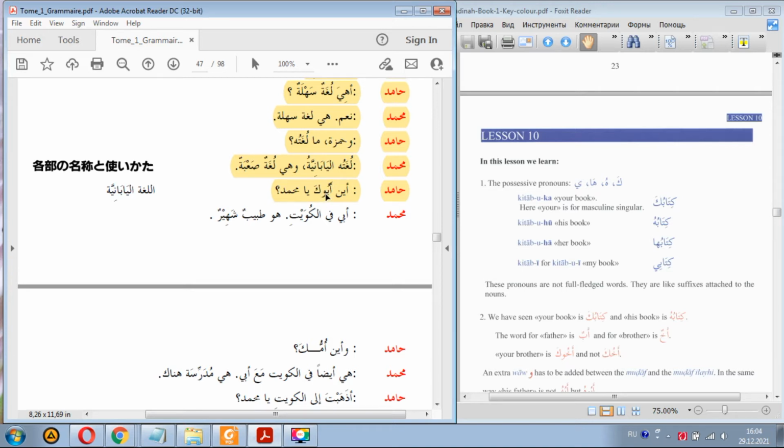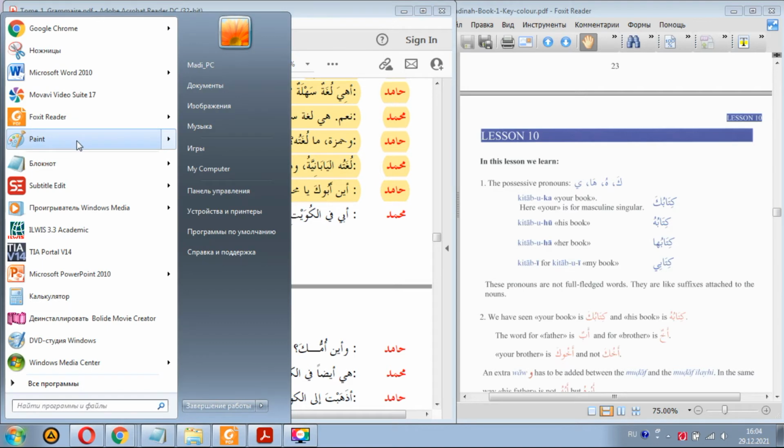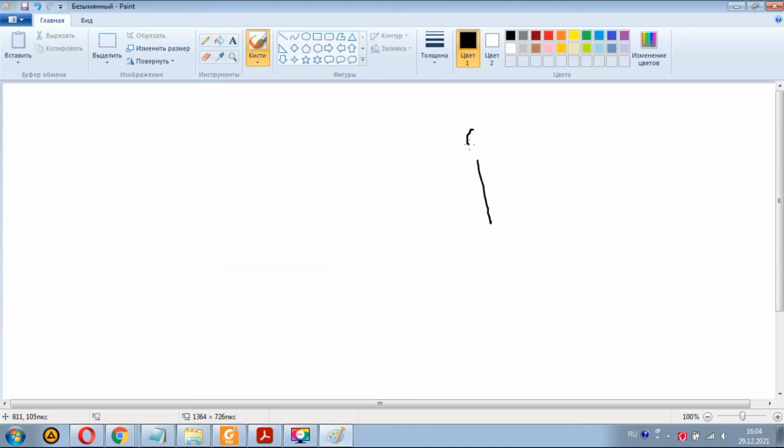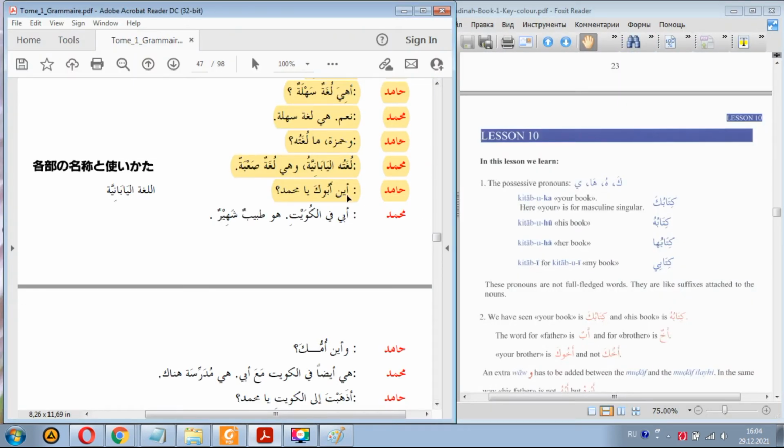Well, you learned that abun means father, and it's written like this, abun, right? It means father. But in this sentence you see that this waw came out from nowhere.